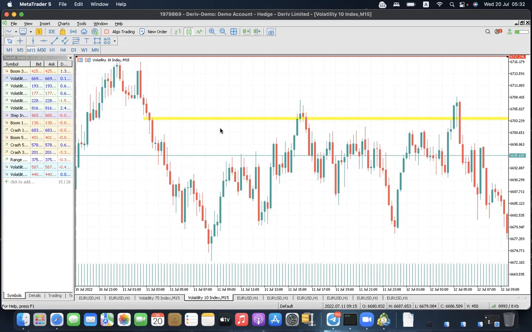But remember, our gap can get filled 100%, 150%, and then it falls. As you can see here, it was filled 100%. I think it was even filled 200, 300%, and then it fell.